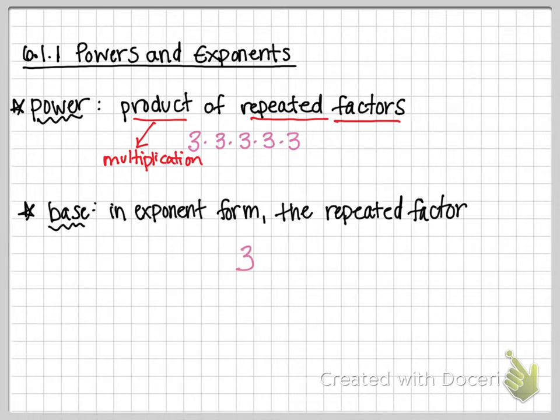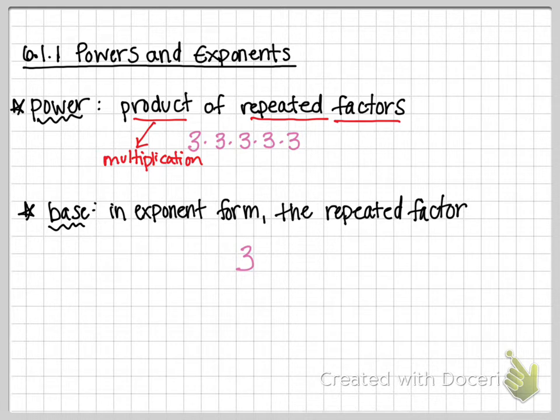When we put something into exponent form, which is what we're going to be talking about today, we have different parts of the power. First, we have the base. The base is the number that's being multiplied by itself over and over again. So in this example, our base is 3, right?